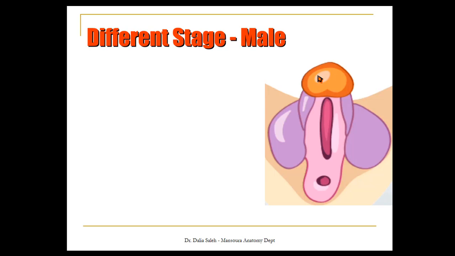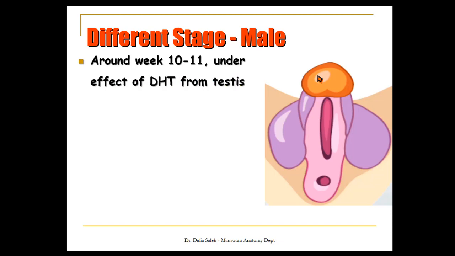In the differentiation stage in male development of the external genitalia, this occurs around week 10 or 11, and it is under the influence of testosterone from the testes.